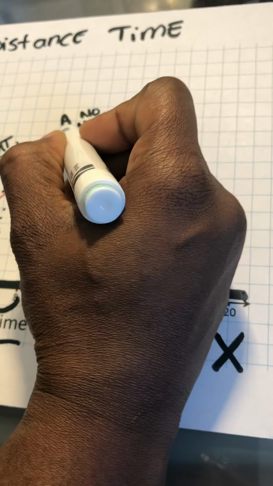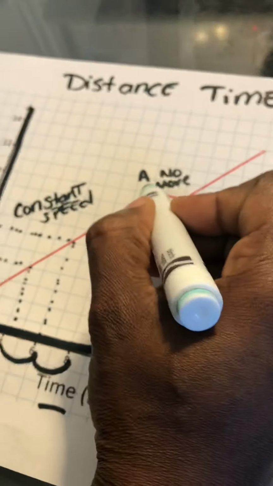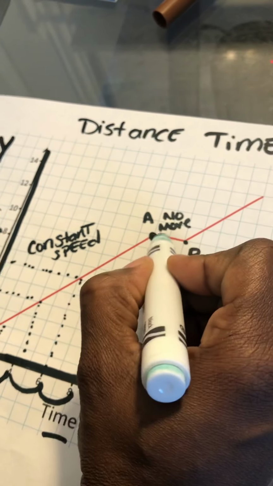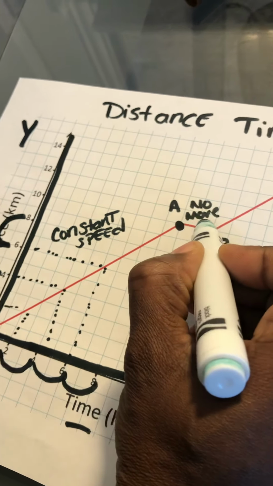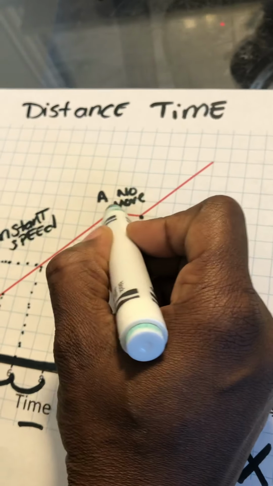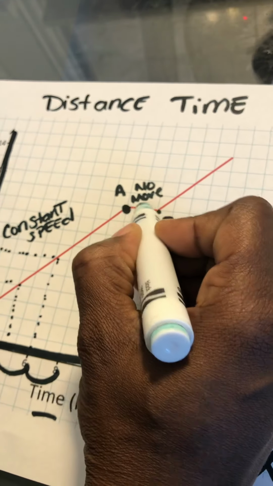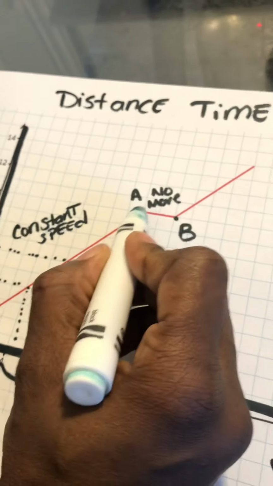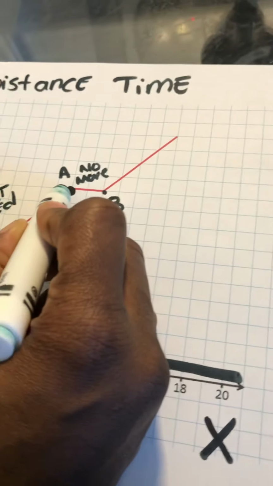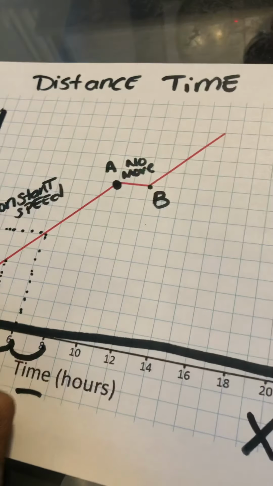You're waiting for the light to change. You're not moving a distance, but the time is still moving. So this flat line represents the time moving, but no movement for the distance. There's no movement between point A and point B on this distance time graph.